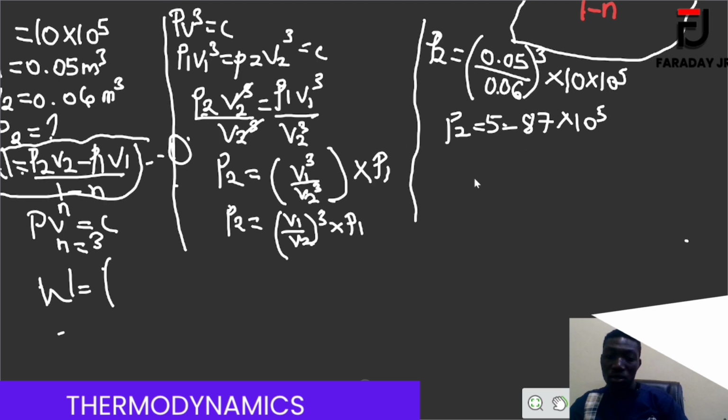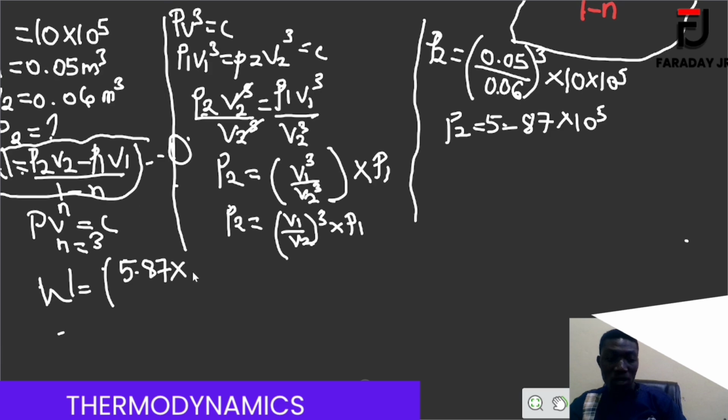So just bring the whole of this 5.87, then we use the P1 too, and substitute them into the formula. So that is all. So what's our P2? You know that our P2 is 5.87.